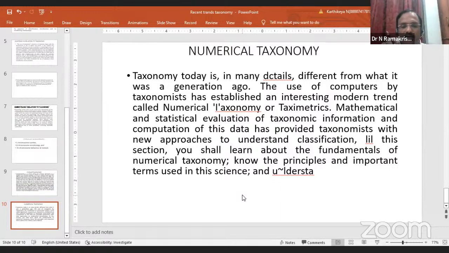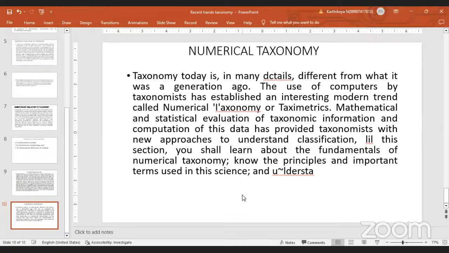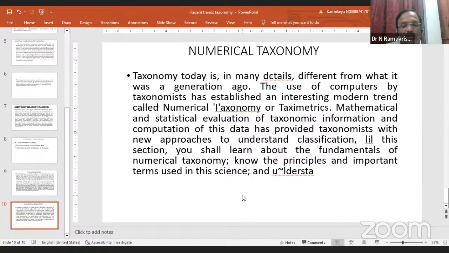What are the recent trend classifications? It is a one-word to one-line answer. The meaning of recent trends classification: based on anatomical structures, numerical characters, embryological structures.